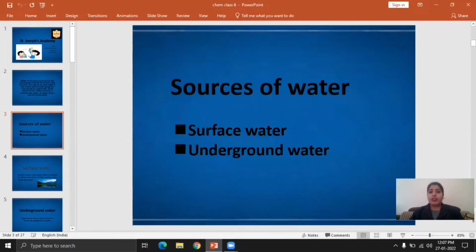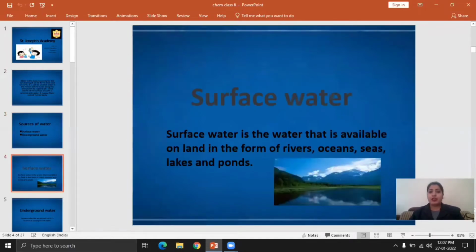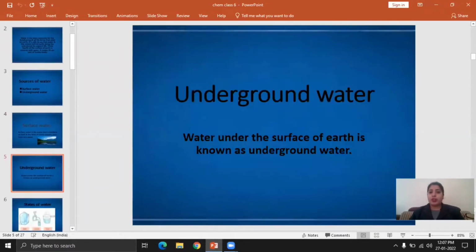Surface water is the water which is present in the large water bodies, in rivers, lakes, oceans, ponds, and underground water is the water which is present under the surface of the earth.